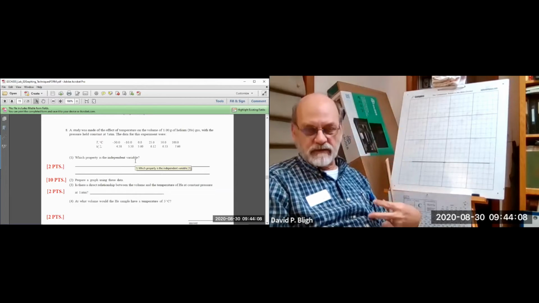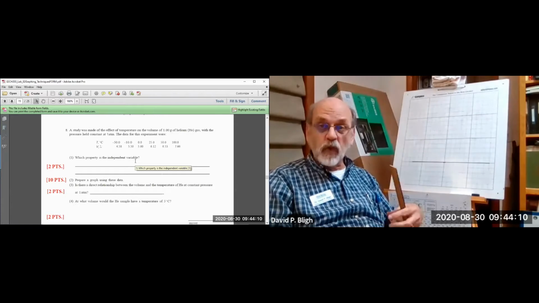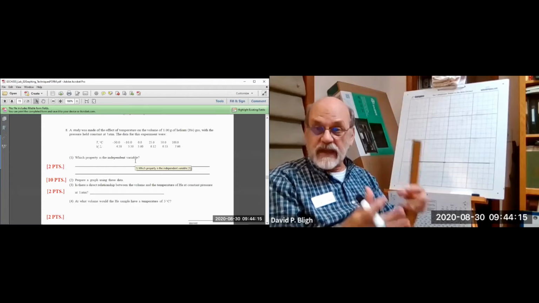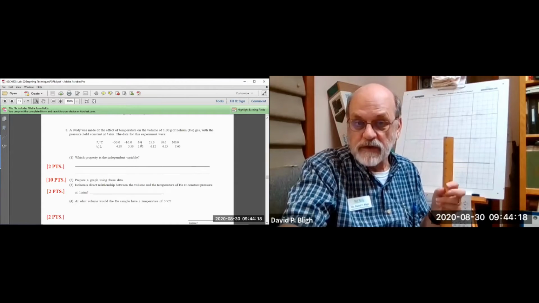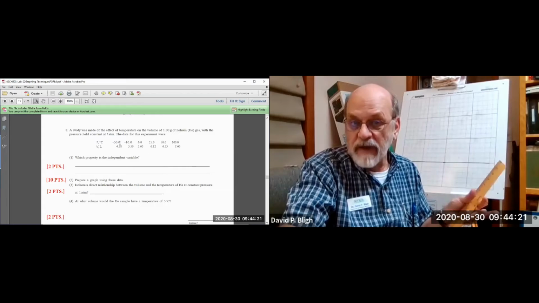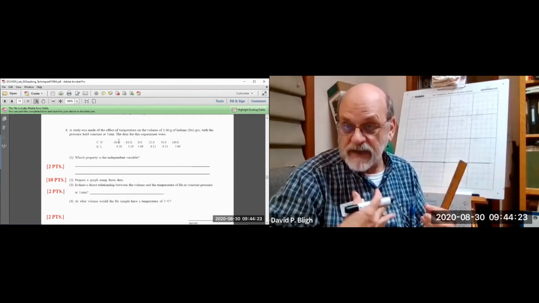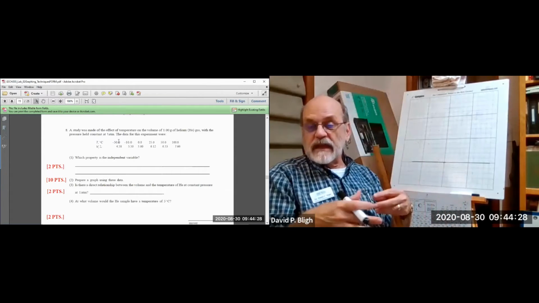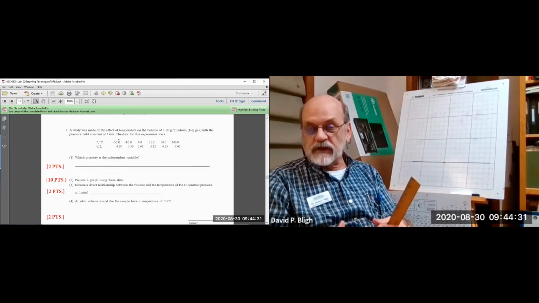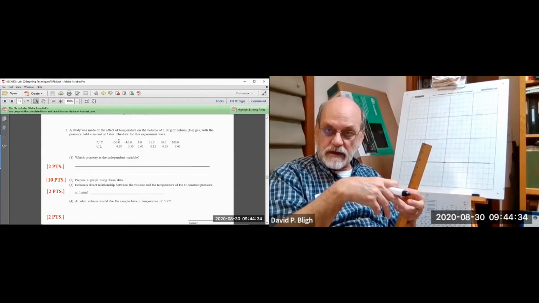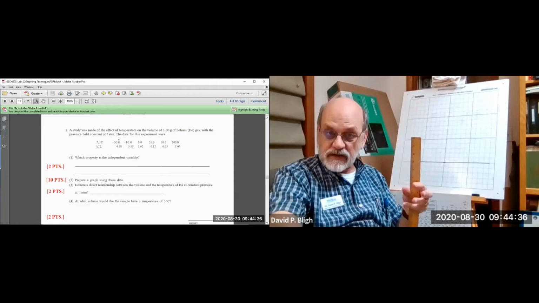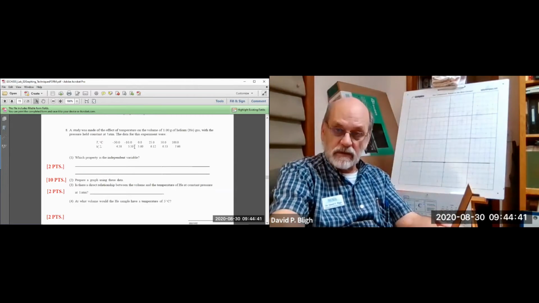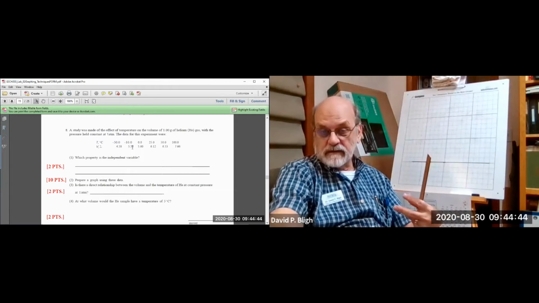Because I'm identifying the independent versus the dependent variable. So which is the independent variable? The independent variable is the one that the researcher changes. So I set the temperature at each one of these points, 0, 50 degrees, minus 50 degrees. I set that in the experiment. The dependent variable is the response in the experiment to my independent variable. So when I change the temperature, I get a response in the volume of the gas that's being measured.